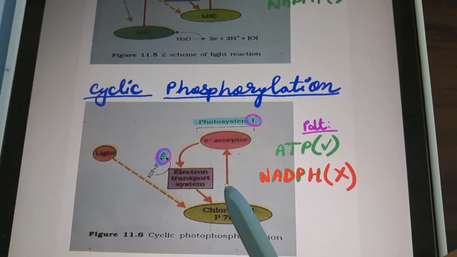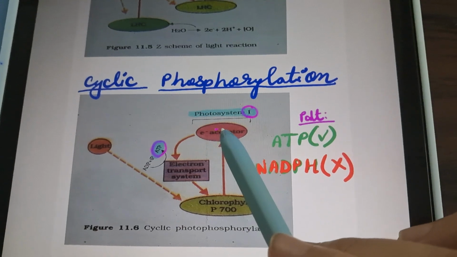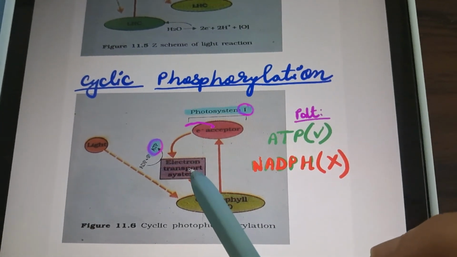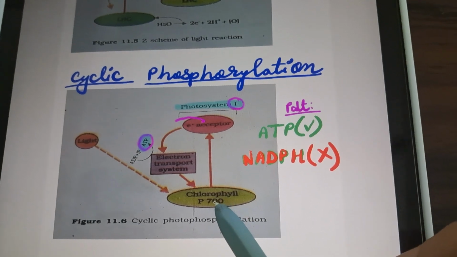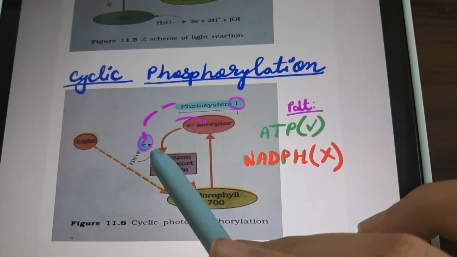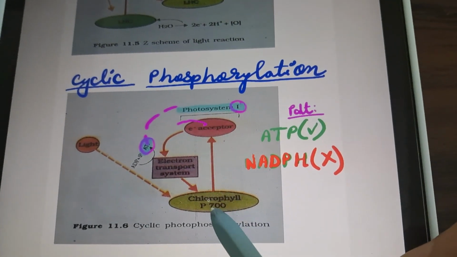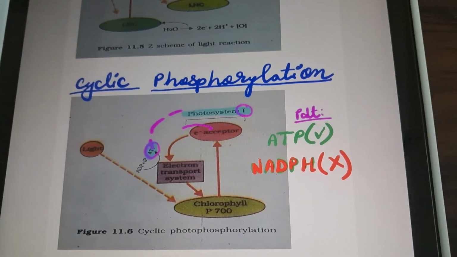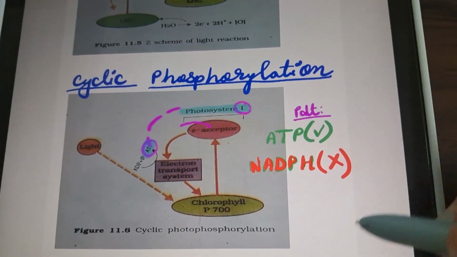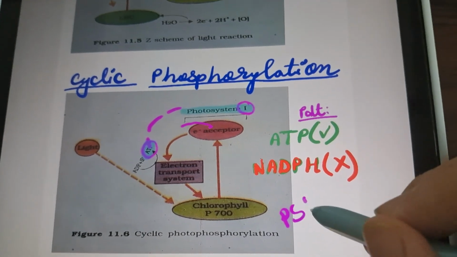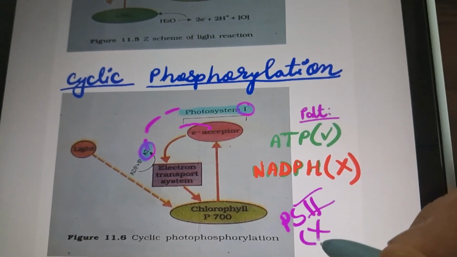It will go to the electron acceptor, the electron will go to the electron transport system, and it will return back to PS1 itself. Started from PS1, it will go like this, in a cycle, and it will again return back to PS1. That is why it is cyclic. There is no PS2 here, we need to remember.